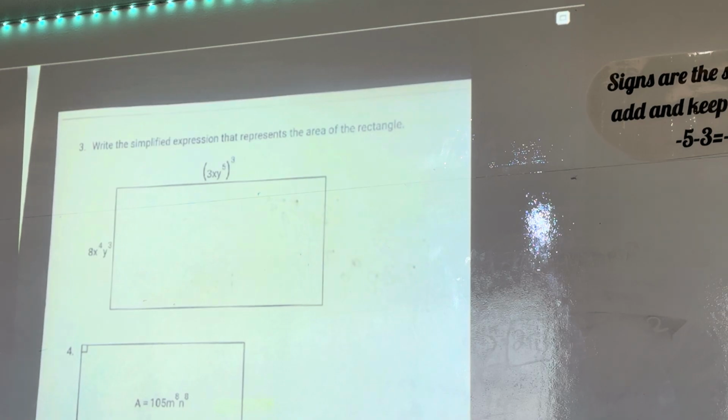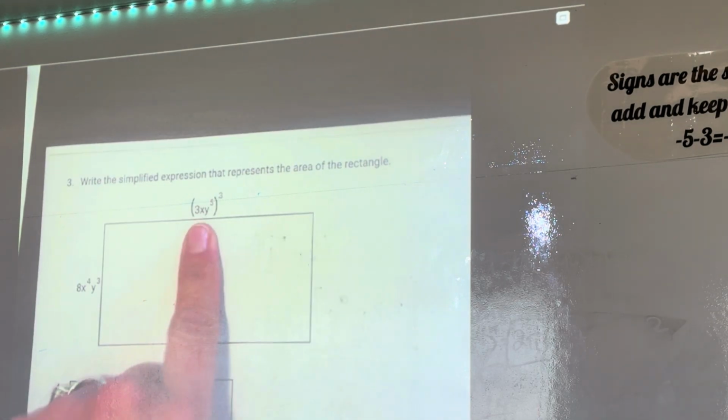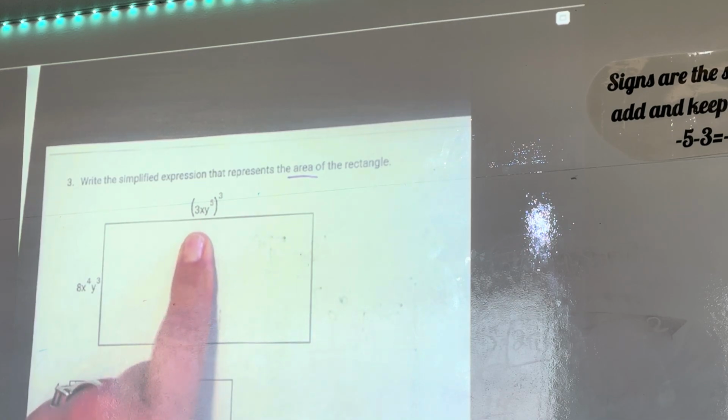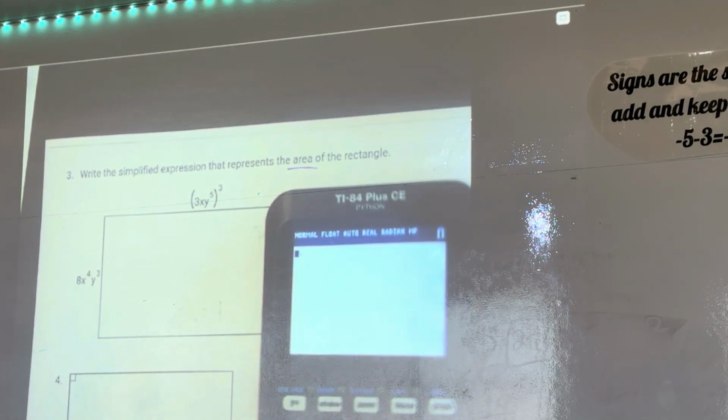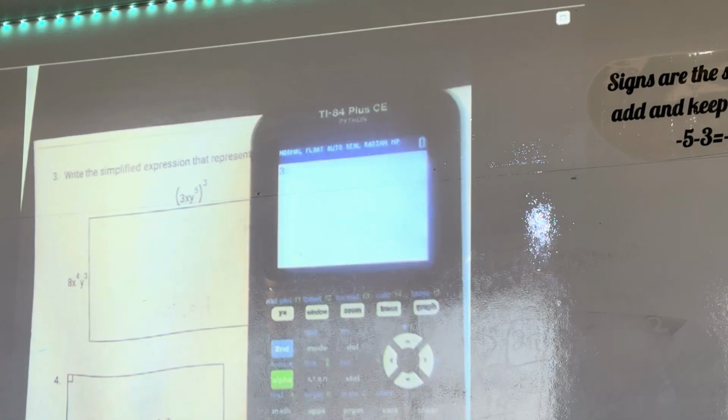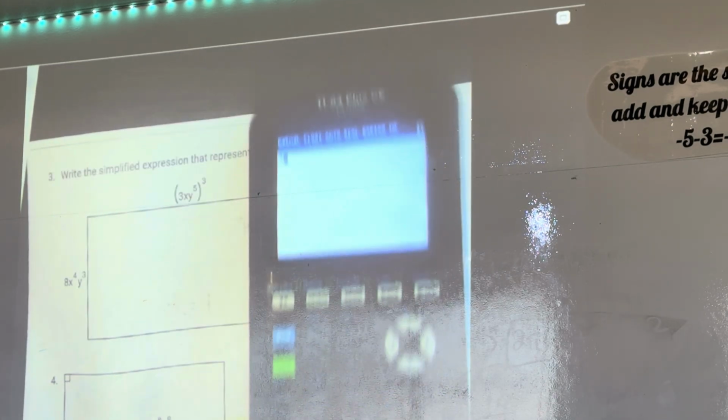Number 3. This time you have to do something right here before we can find the area. So we're going to end up multiplying, but we need to cube it. What is 3 cubed? So 3 raised to any power. So below clear is the caret button right there.